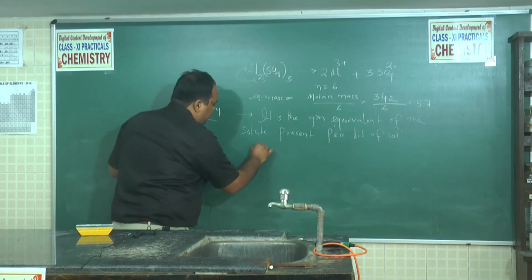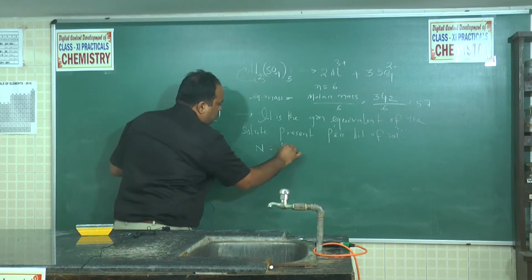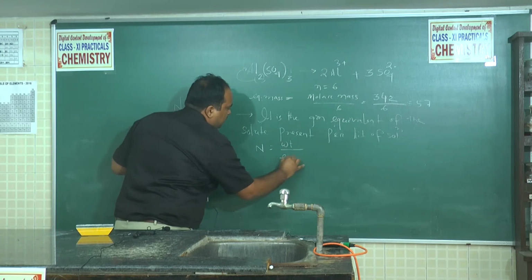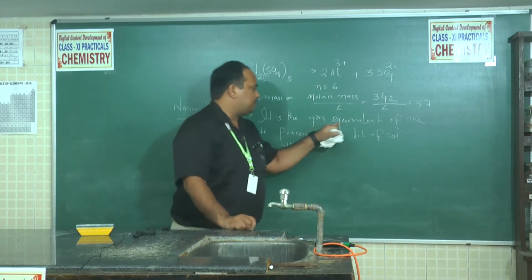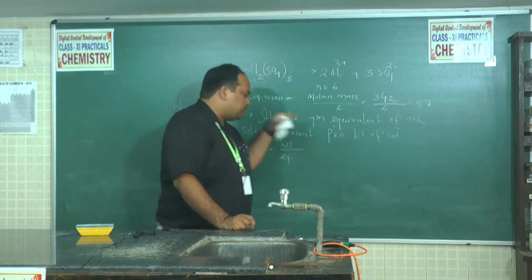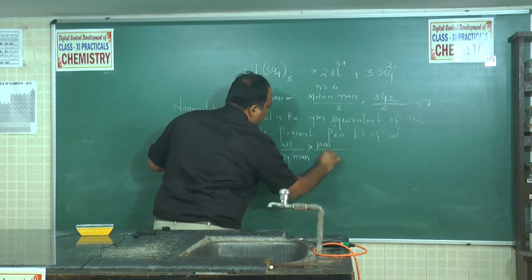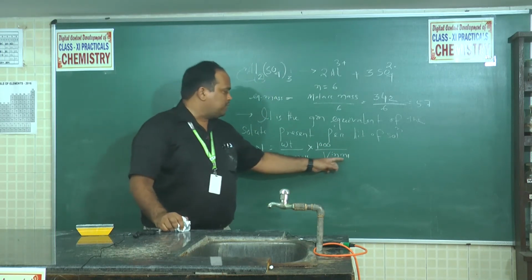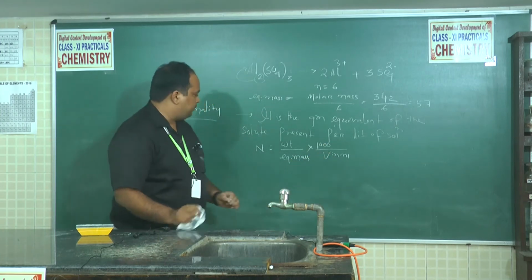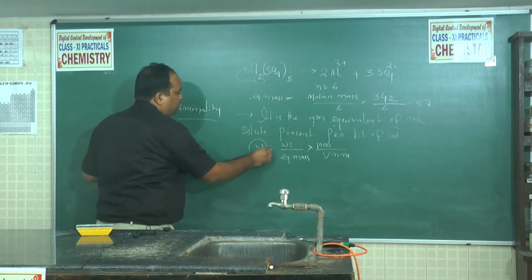That means the formula is weight by equivalent mass, into 1000 by V in ml. If the volume is in liter, you have to use 1 here. So this is the formula for normality.